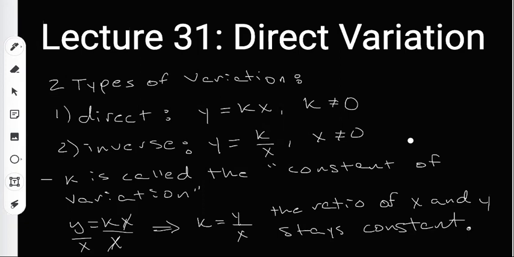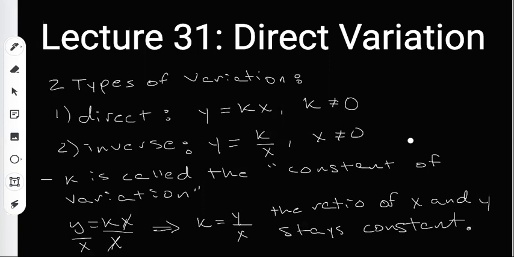So there are two different types of variation. You only need to know one for today. That's direct variation. Direct variation is given by the equation y equals k times x, where k can never be 0, but it can be any real number except for 0. And then inverse variation is y equals k over x, where x cannot be 0, because then you would be dividing by 0.